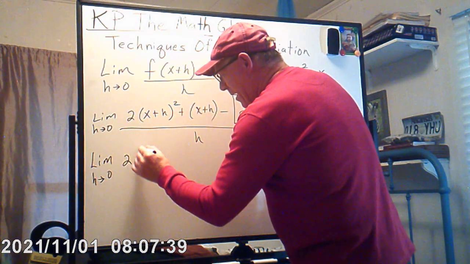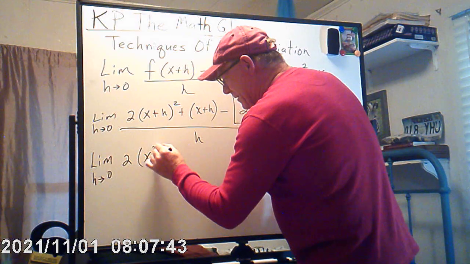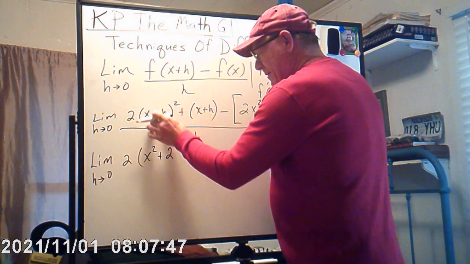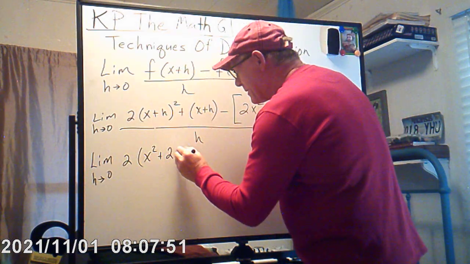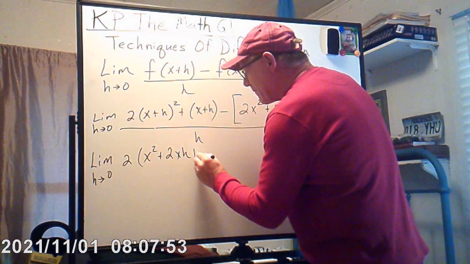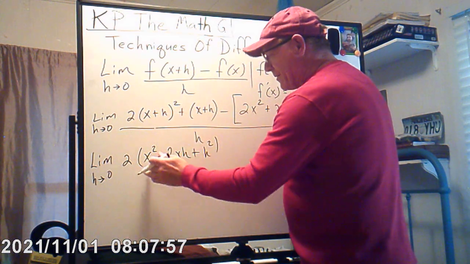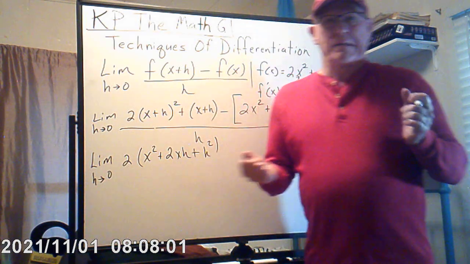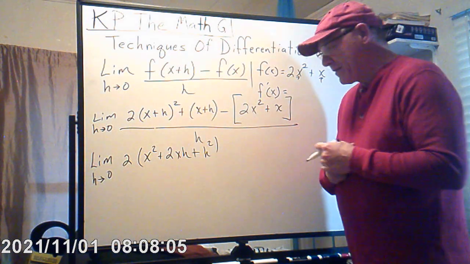Now let's expand this. Remember, this is just simply x squared. Remember, this is always 2 times the product of these two, x times h. And then finally the last term is h squared. A lot of students want to just go to x squared plus h squared, even at the AP level. Yikes. Don't do that anymore.